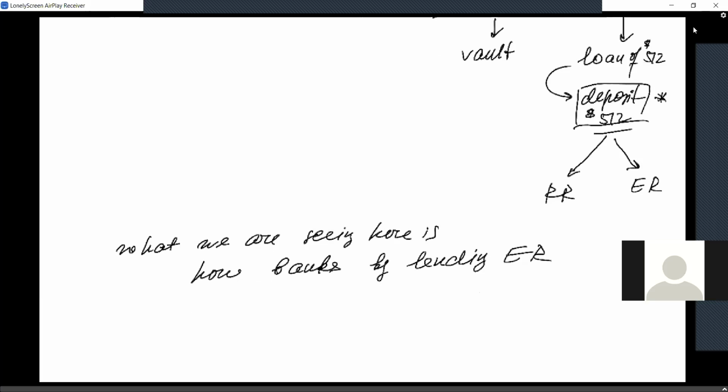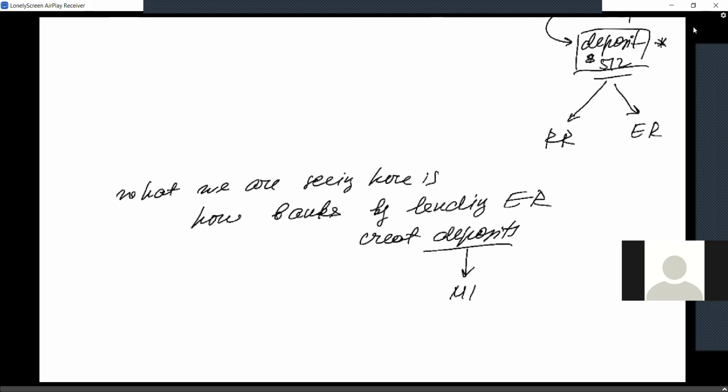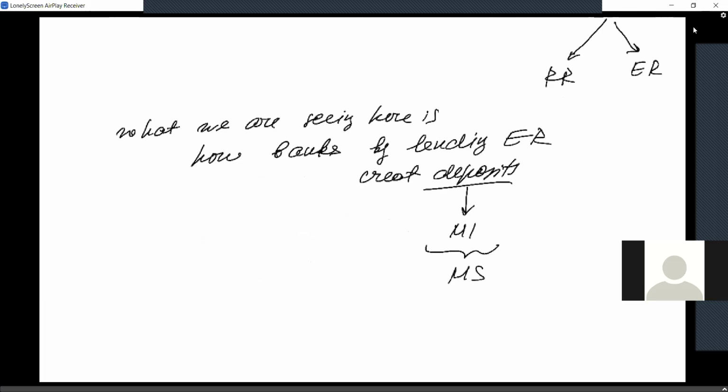By lending excess reserves, banks create deposits. But remember what we said: deposits, checkable accounts, are part of the M1 monetary aggregate, which is part of the money supply.